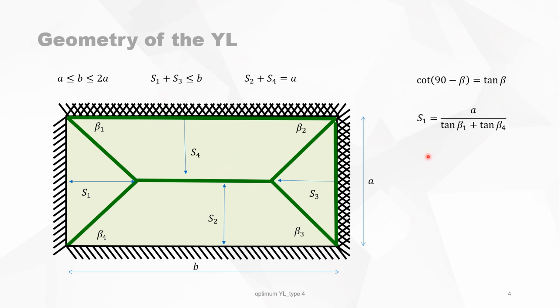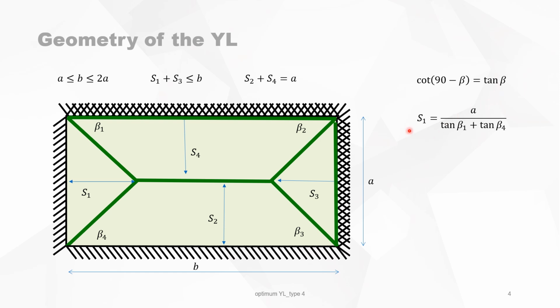We will use the cotangent rule, which says that the height of the triangle S1 is equal to the base, which is A, divided by the sum of the cotangents of the adjacent corners. But we know that the cotangent of, for instance, 90 degrees minus beta is equal to the tangent of beta.